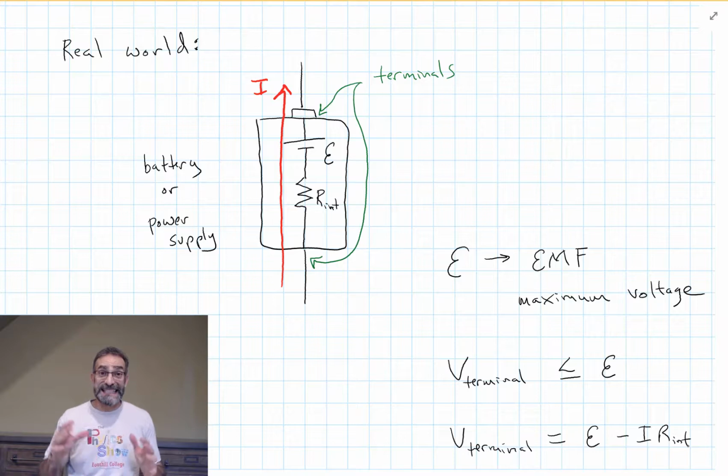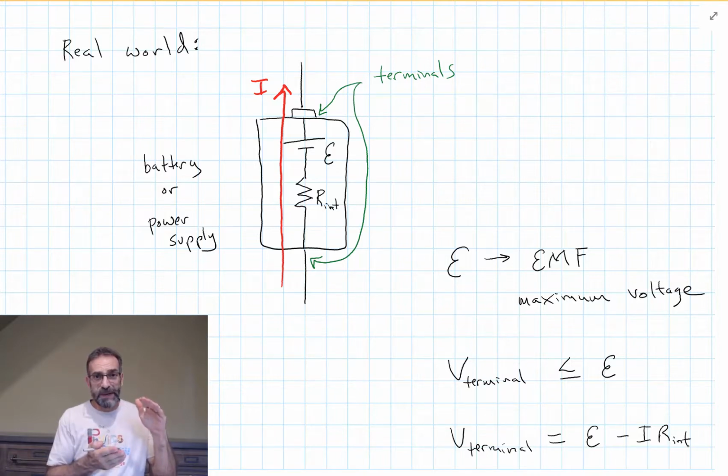So if this was an ideal battery with no internal resistance, the terminal voltage would always equal the EMF of the battery. But as soon as we give it some internal resistance, as soon as we make it a real-world battery, the more current we flow, the bigger the delta is between its maximum voltage output and what we actually get out of the battery to drive our circuit.